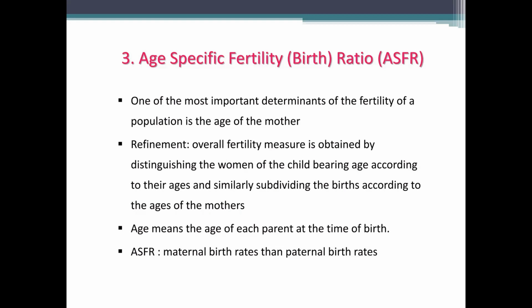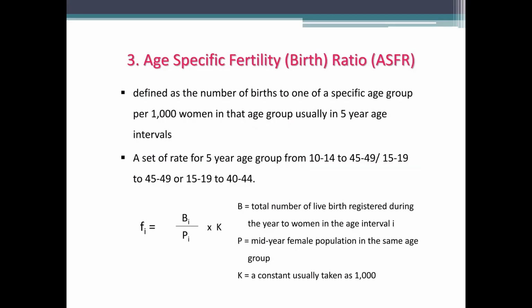So ASFR, maternal birth rates rather than paternal birth rates. It is defined as the number of births to women of a specific age group per 1000 women in the age group, usually in 5-year intervals. This is the formula for age-specific fertility rate.